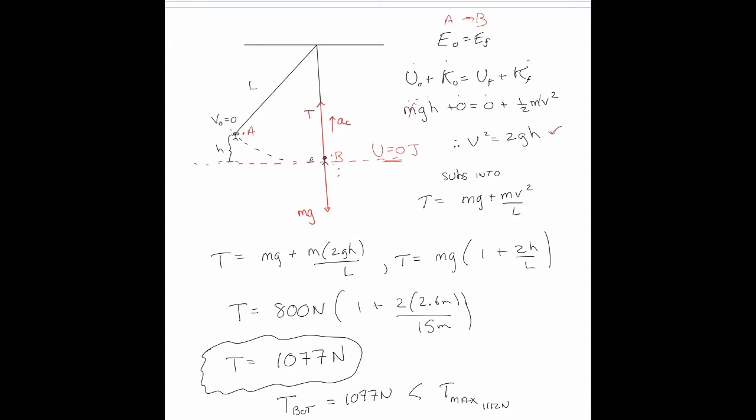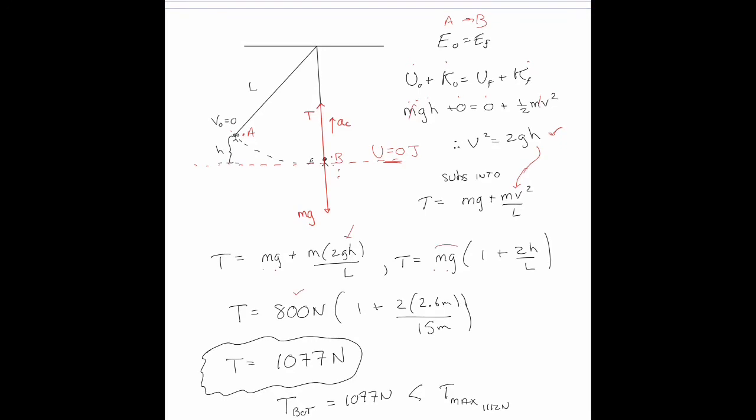The reason I left it as speed squared is because I needed to put it into the tension. So I'm putting in for v squared right there. Then I factored out mg, and I looked up above and got the weight of Tarzan, the height, and the length of the vine, which is 15 meters. So this gives me the tension of the vine at the bottom.